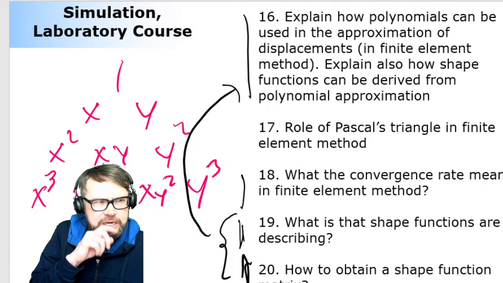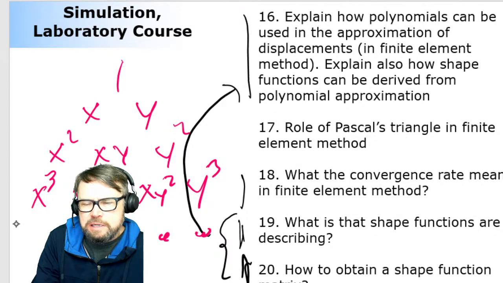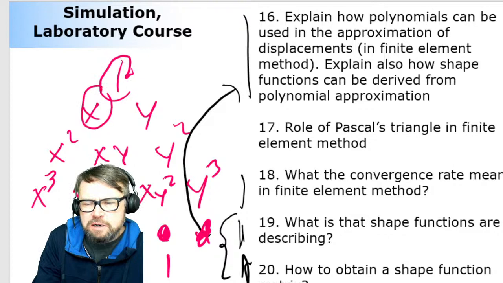I'm going to check the chat comment in a minute, but if you have this kind of element which needs 4 components, and let me make it more simple, 3 nodes, 2 boundary nodes and 1 internal node, which means that you need to select 3 components in your Pascal's triangle. You could select this guy, and this guy, but these are like mandatory components to make sure that the convergence is correct.